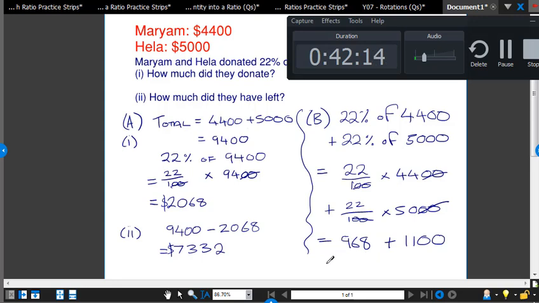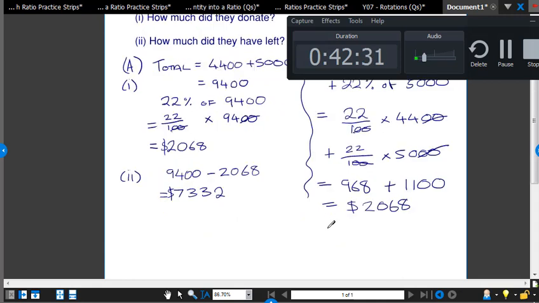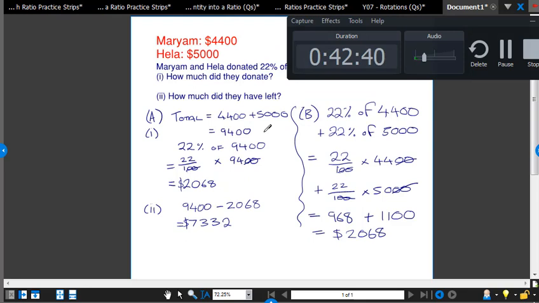Okay, so we just add them together. 968 plus 1,100 is 2068, which is the same as that, which means we're probably right. Either both of them are right or both of them are wrong. I would say they're probably right. And then for part 2, you just do it the same way, and you'll get the same answer. Hope that helps.